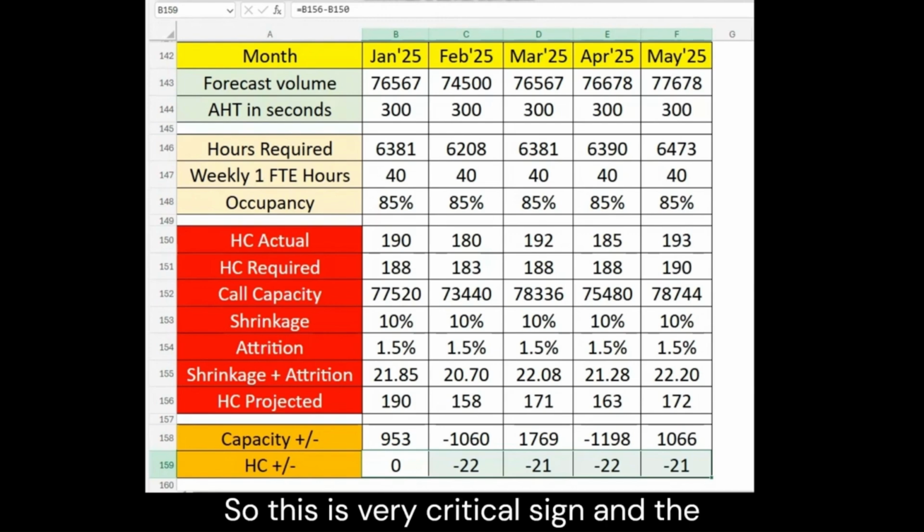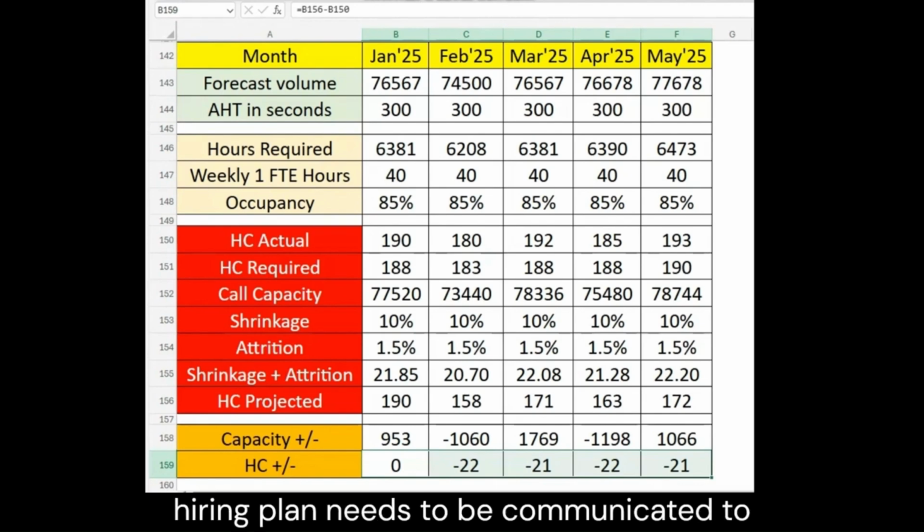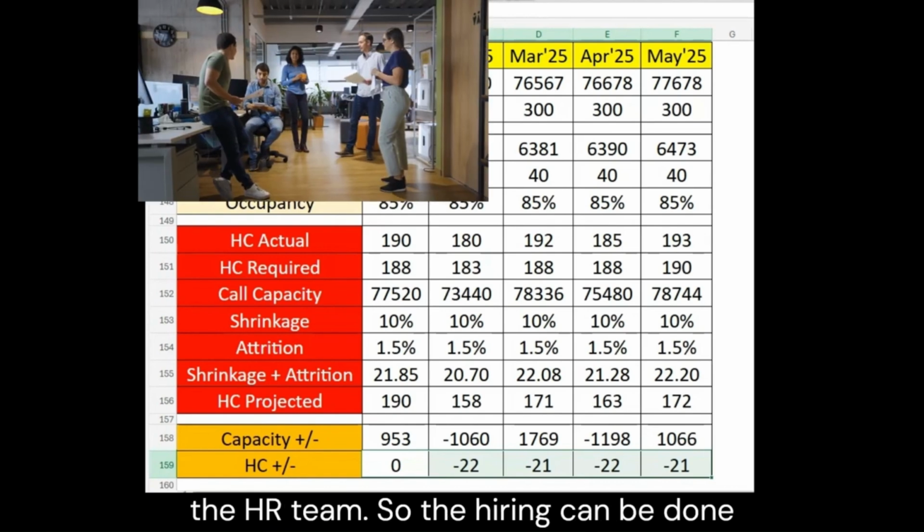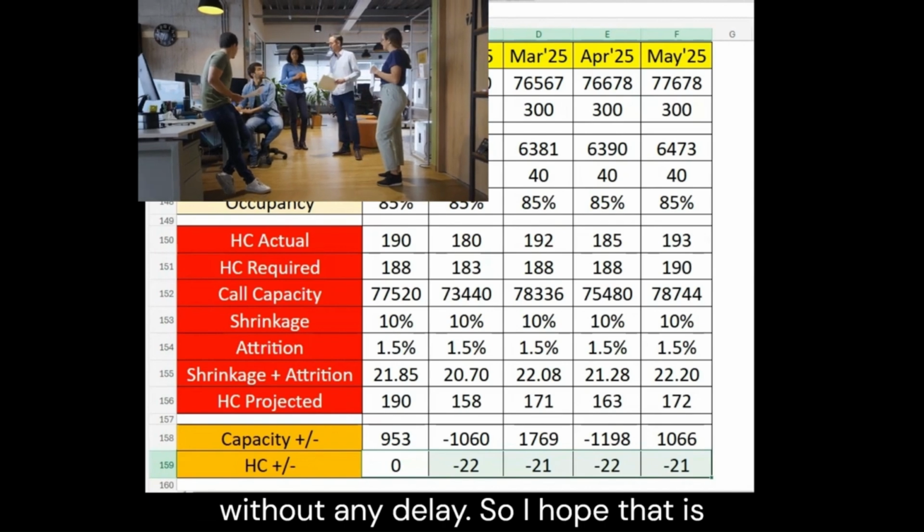This is a very critical sign, and the hiring needs to be done as soon as possible to avoid any impact on the client KPIs, meeting the service level or any other KPIs agreed between the client and the company. You cannot take this for granted, and the hiring plan needs to be communicated to the HR team so the hiring can be done without any delay.